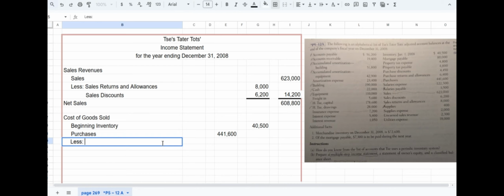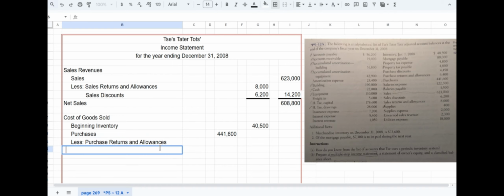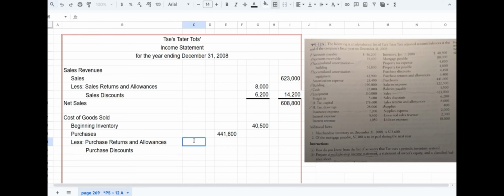So here we are subtracting purchase returns and allowances as well as purchase discounts. And this goes in the first column. So purchase returns and allowances is 6,400 and purchase discounts is 4,450.